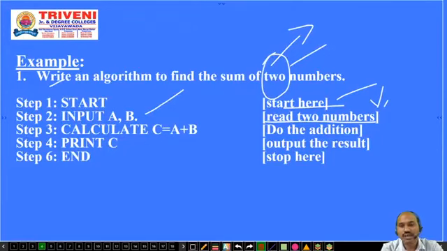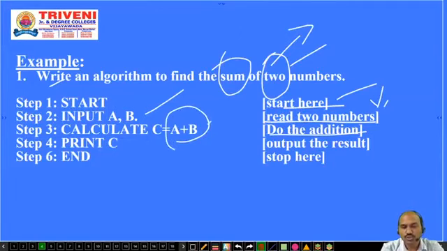After reading the two numbers, we go to the calculations of the program. The numbers you give are the two numbers, a and b. These two numbers are added into c.